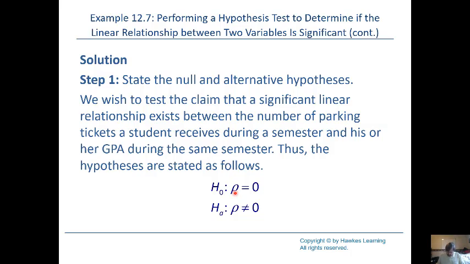It's not just a font mess up on the slides, they've got it the same way in the book. I don't know what rho stands for. It could be equal to 0, which implies no significant relationship. If it's not equal to 0, it implies a significant relationship. So what we're trying to show is that there is a significant relationship.